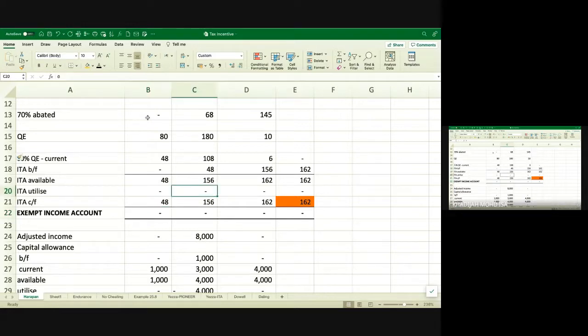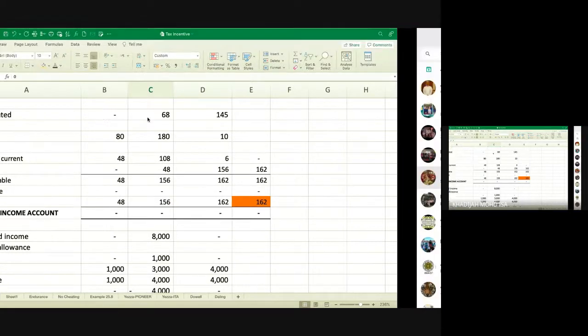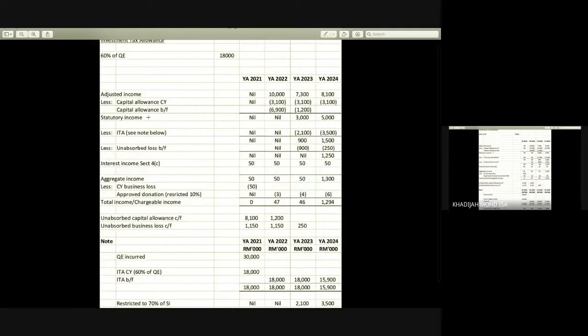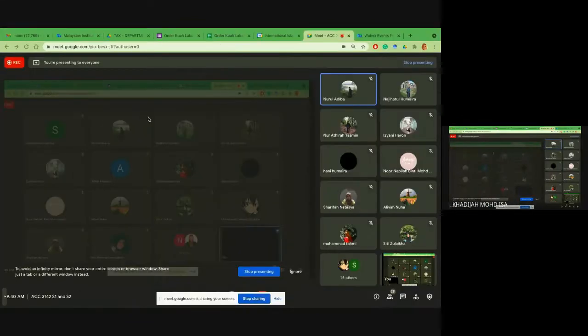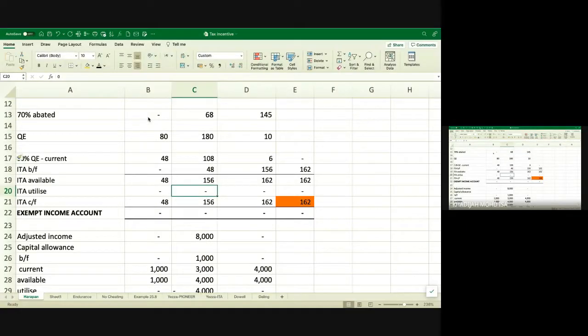So whatever you have, you carry forward to the following year as an income is 0. The next year, your 60% is 108, brought forward is 48. So total up together, you have 156. But how much are you going to utilize? Are you going to utilize your ITA? How much ITA are you going to utilize?